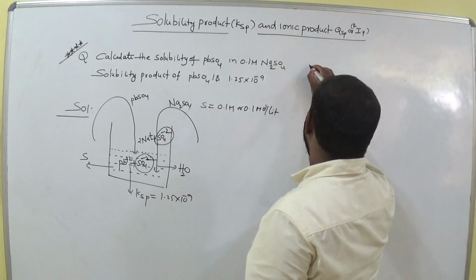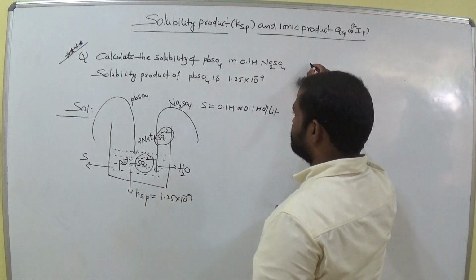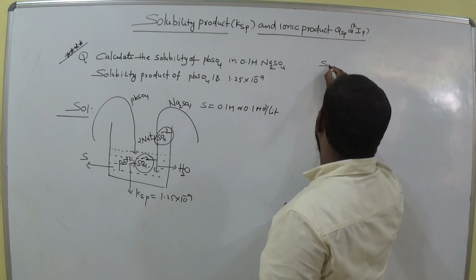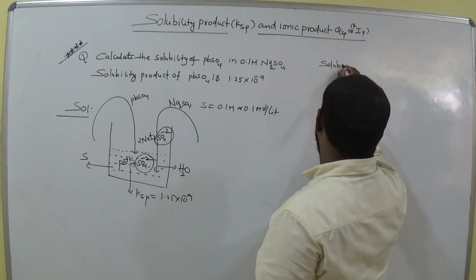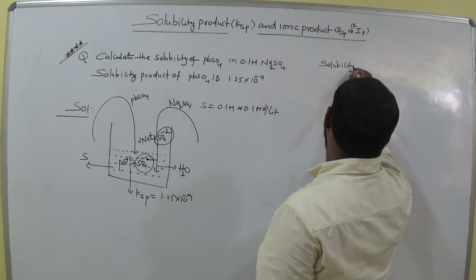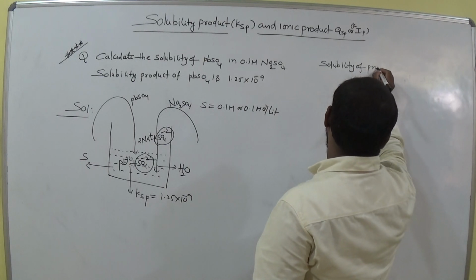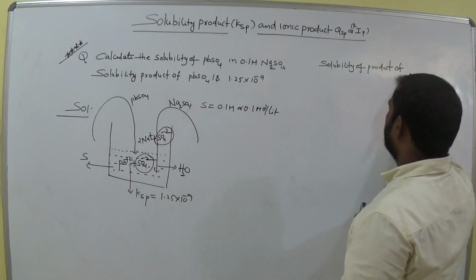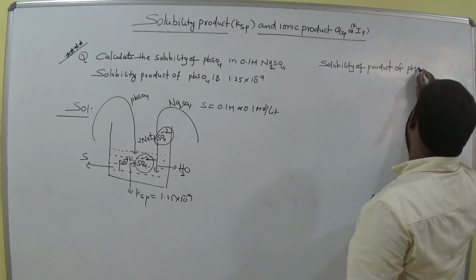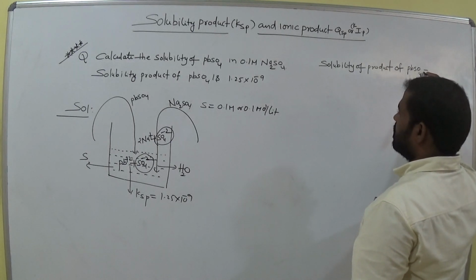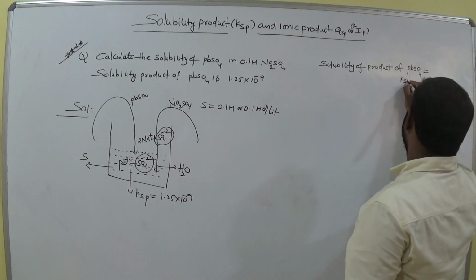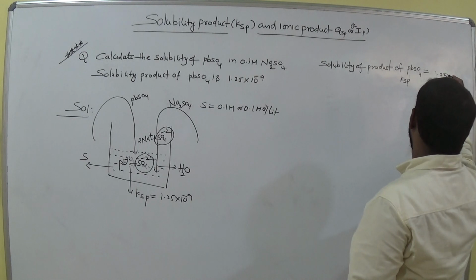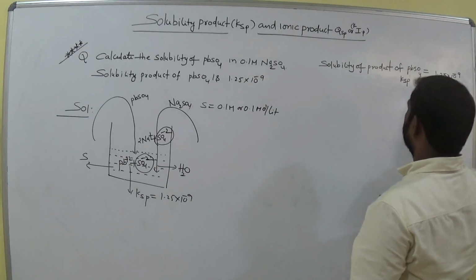Let's see the solution. Solubility product of lead sulfate, how much is it? Solubility product means Ksp, 1.25 into 10 power minus 9.